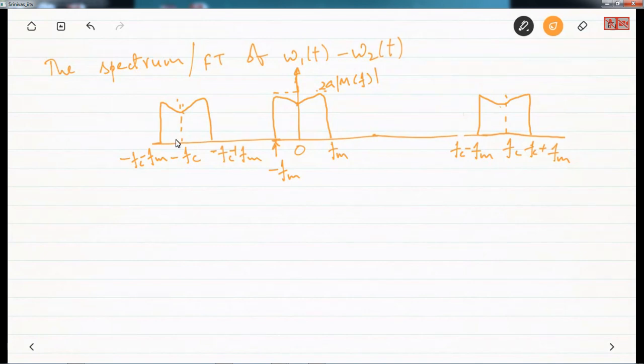So anyway, now let's think of how do we extract these two things. See, what we want is double sideband suppressed carrier. We don't want m of t. So use a band pass filter with its spectral characteristics as follows.